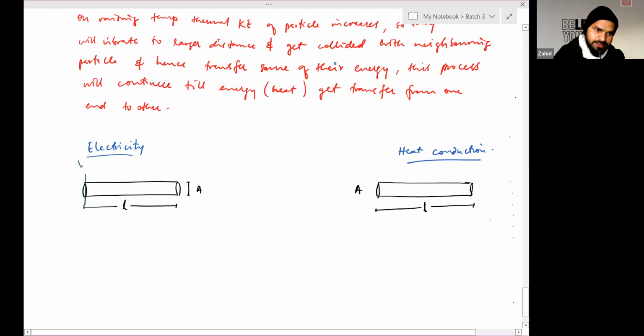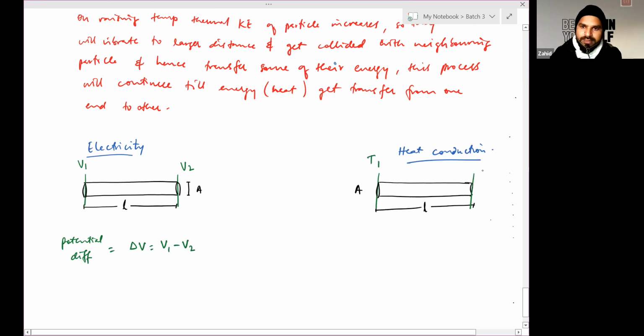So let's say this is V1 and V2, voltage difference, or you may say potential difference, equals delta V, V1 minus V2. Similarly, in this part, for heat conduction, we must need a temperature difference at their ends. So it will be T1 and T2.